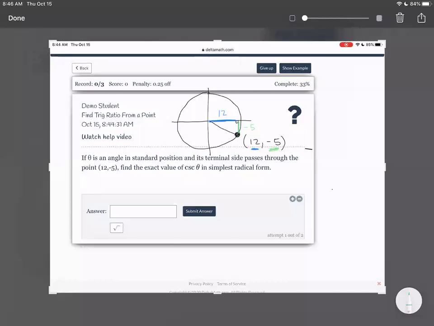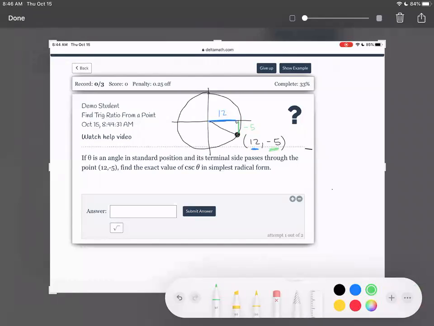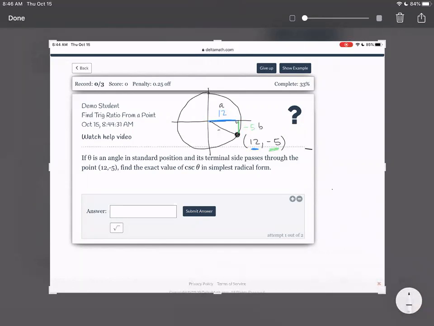To solve for our third side, aka the hypotenuse, we're going to use the Pythagorean theorem. Once again, we have our A, we have our B, we have our C. C is always the hypotenuse. A squared plus B squared equals C squared. So we got 12 squared plus -5 squared equals C squared.